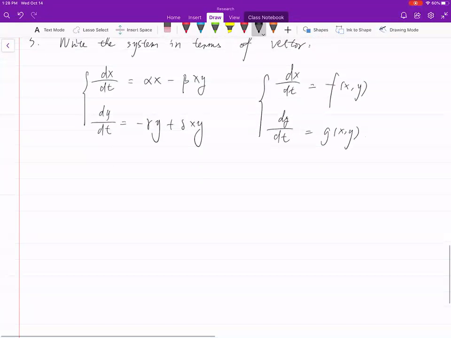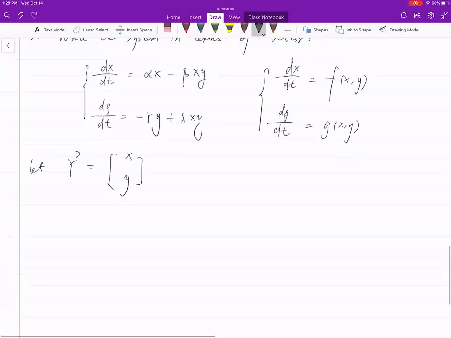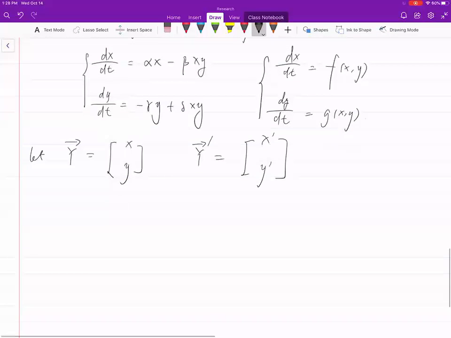Okay. Now you have done this before. There's nothing to stop you from representing the solution, instead of separately, you just take a vector, which is called x and y. You take y prime, which is nothing but the derivative of this and the derivative of this. Okay. Then the whole thing can be rewritten into a nice format.